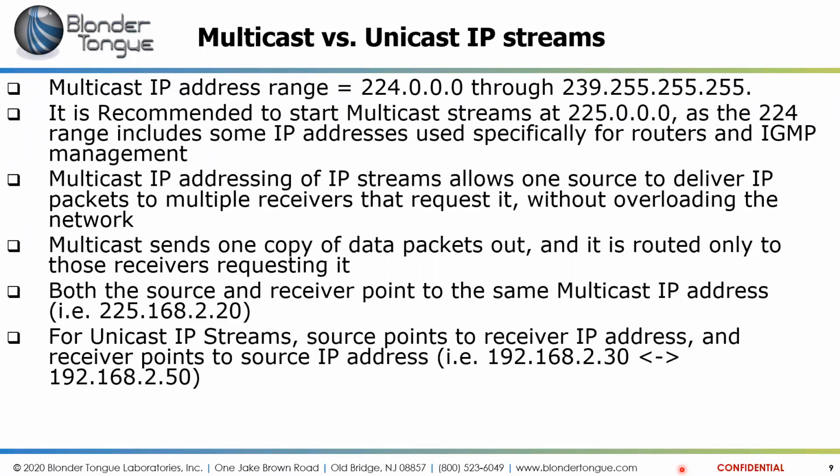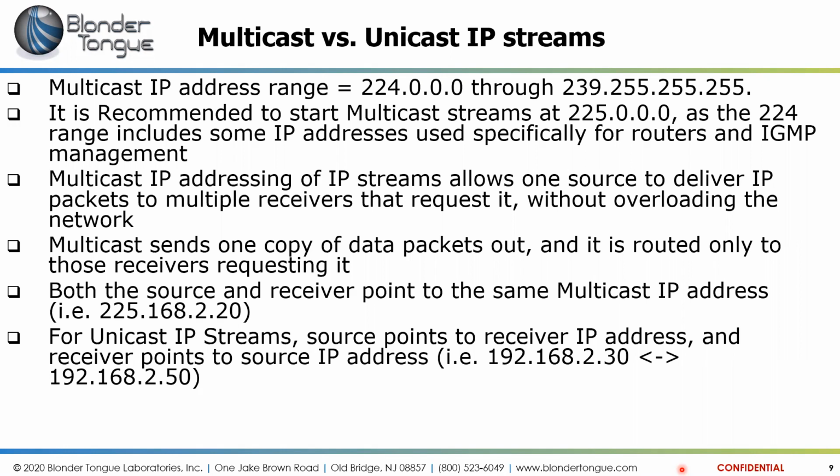For Unicast IP streams, uni meaning one, the source delivers the IP stream only to one receiver. Only one device on the network can see this stream. So in the Unicast mode, if you will, the source device will point to the receiver's IP address, and the receiver points to the source IP address.